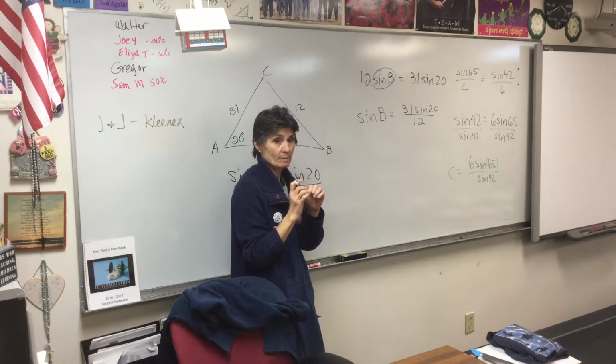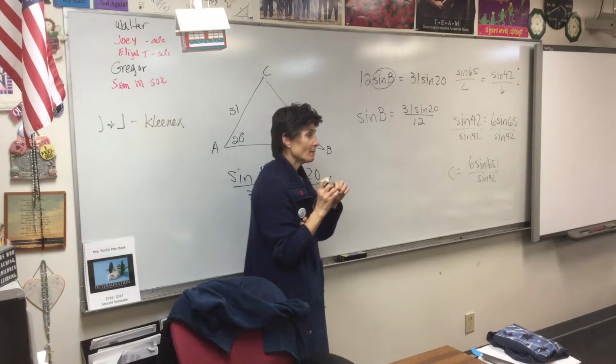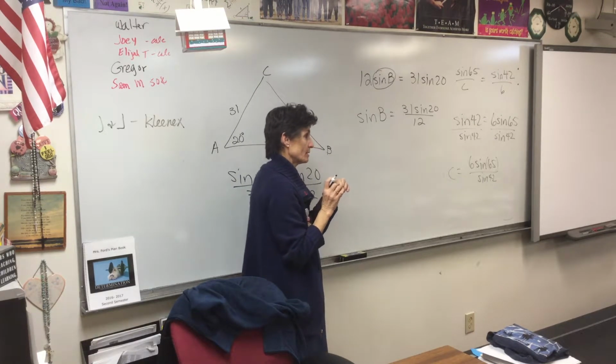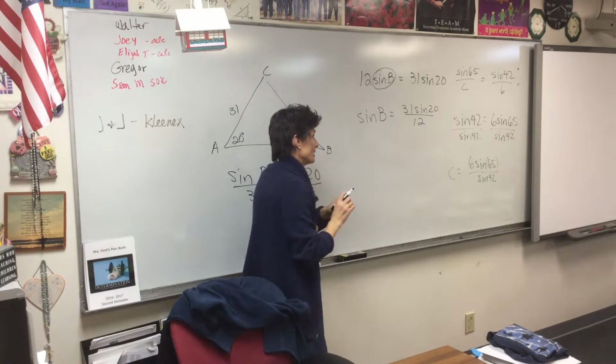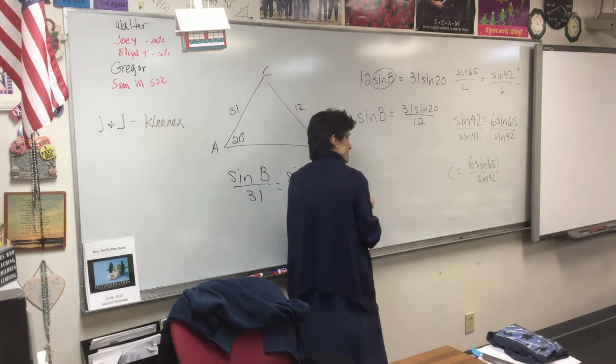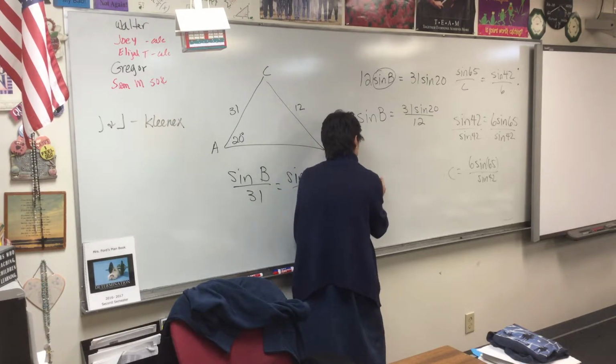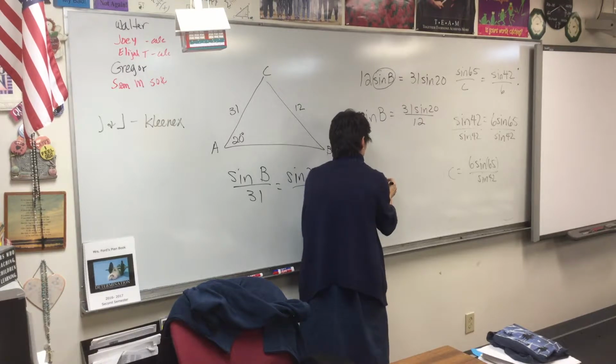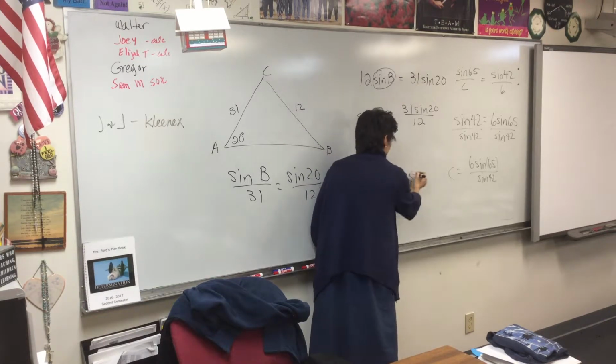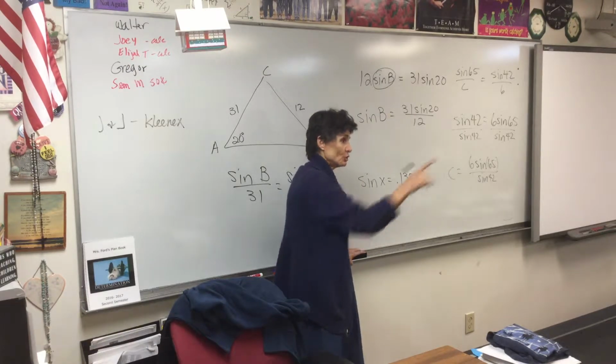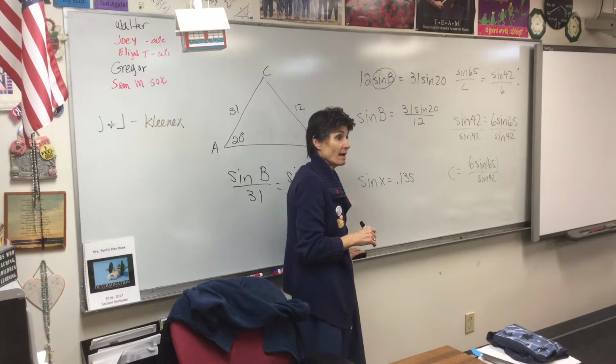Is that okay? Now, who remembers from the test we just took what happened? Remember in that calculator section, what happened when it said something like sine x equals 0.135 or something like that? What did we have to do? We had to second sine.